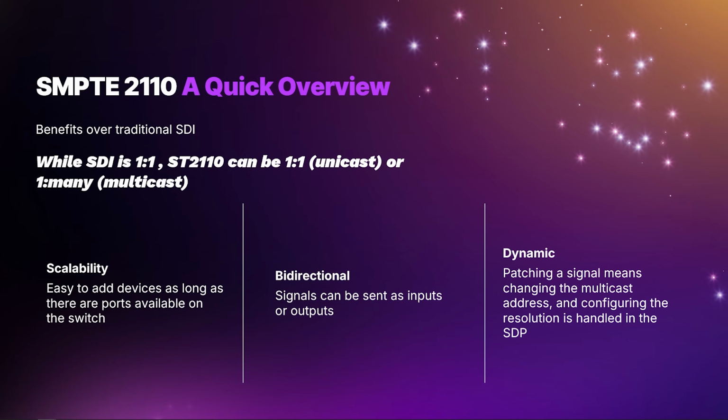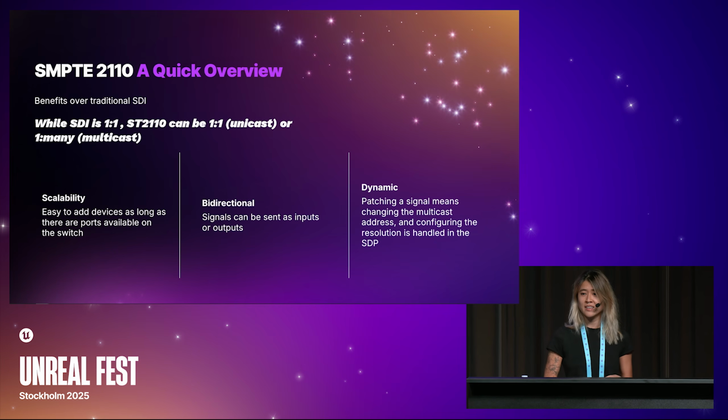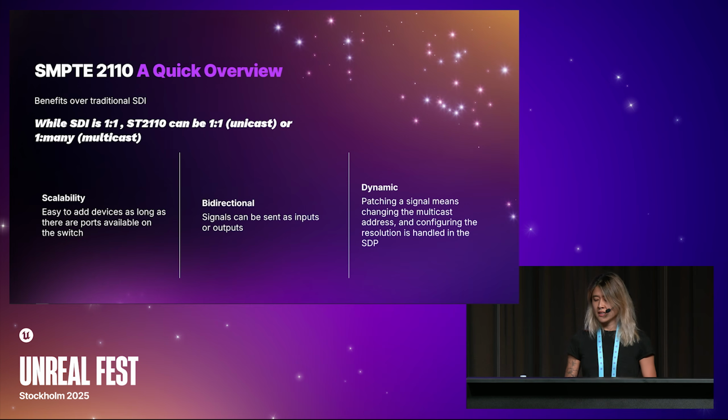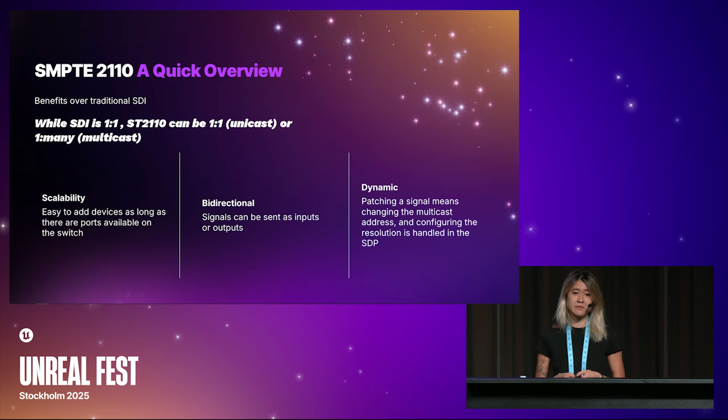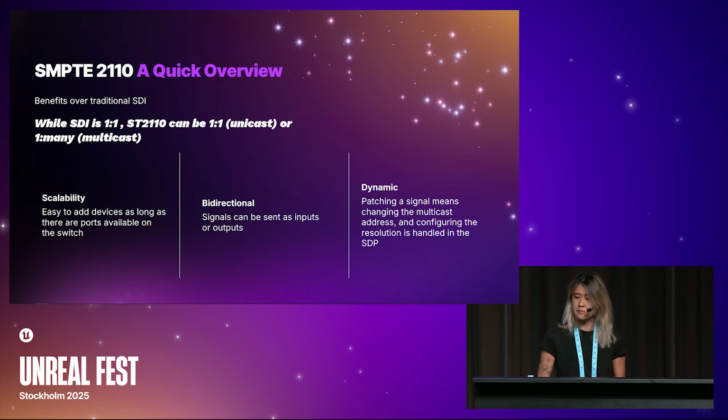Whereas before you're constrained by how many ports you had available on your video matrix, now it's just how many ports you have on your switch and how much bandwidth you have to add more devices. That makes it very dynamic. Patching a signal isn't a physical patch anymore. You just change the multicast address, tell the receiver to look for the same address, and that's how you connect a stream.